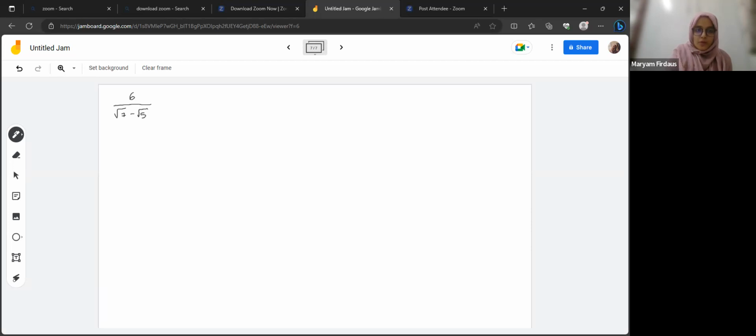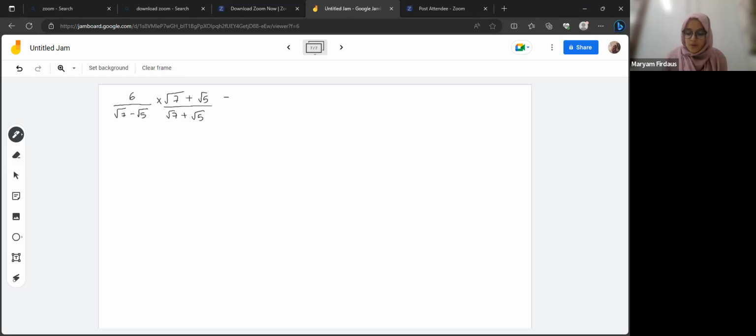What do you think we should do here? Ma'am, we have to multiply both the numerator and denominator by root 7 plus root 5. Very good. Root 7 plus root 5.